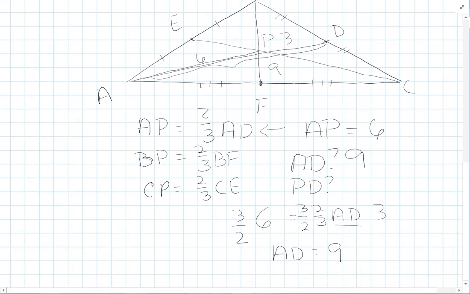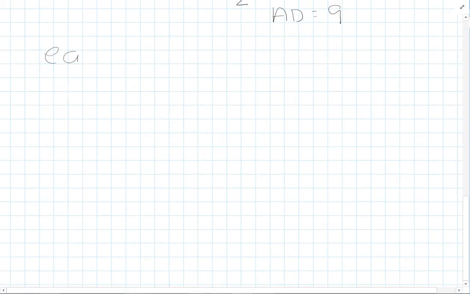Alrighty, let me do one example and then I will get this on YouTube for you guys. Alright, so say we have this triangle here, and we have our median over to there.